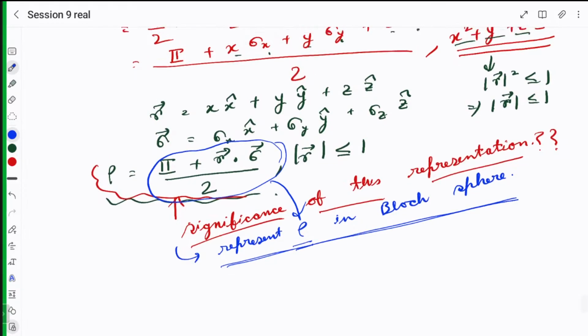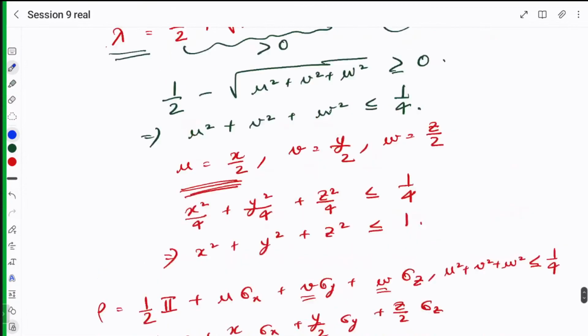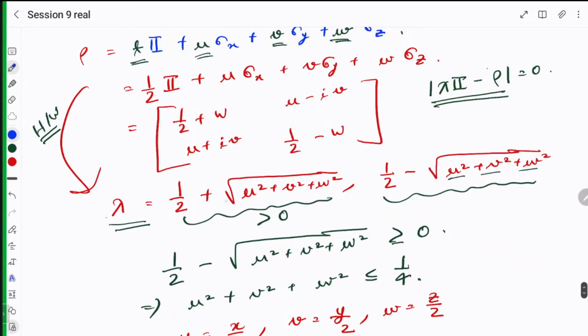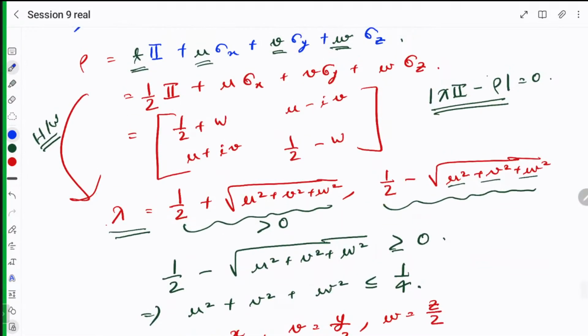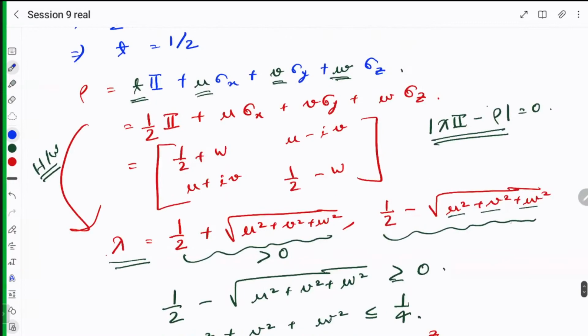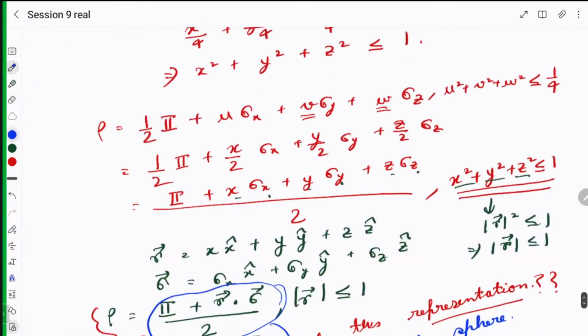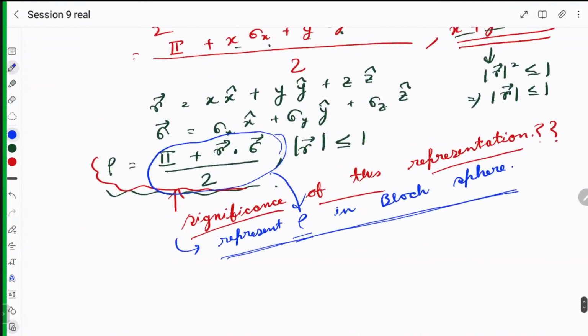I have jumped a lot of steps here, mainly where I have just written down the eigenvalues for you. Please try to calculate them by yourselves. I'll be here for a couple more minutes in case you have any doubts, or even if you want to discuss something else, it's fine.